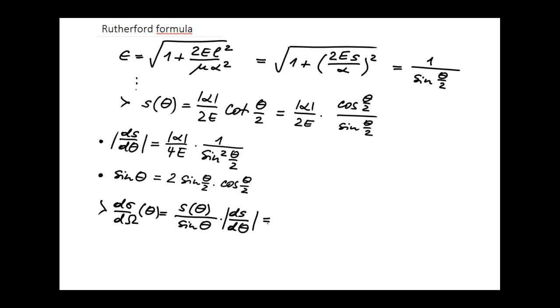We use the formula for s of theta. This is the absolute value of alpha divided by 2E times the cosine of 1/2 the scattering angle over the sine of 1/2 the scattering angle. This is our s of theta.